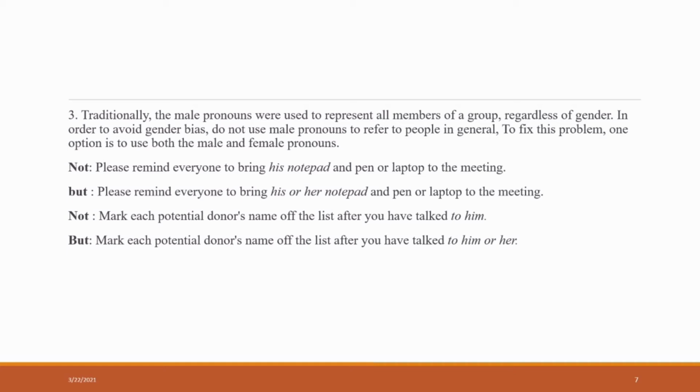But: please remind everyone to bring his or her notepad and pen or laptop to this meeting. Note: mark each potential donor's name off the list after you have talked to him. But: mark each potential donor's name off the list after you have talked to him or her.